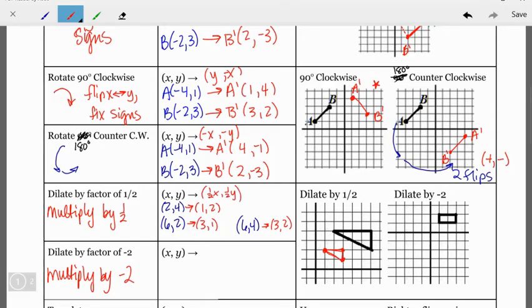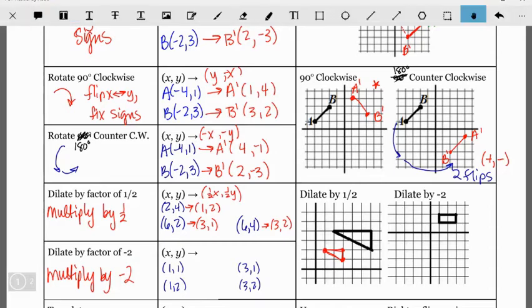So let's do the same thing with the square that we have. Let's write all the coordinates. Original was 1, 1 at the bottom left corner. Then we had 1, 2 at the corner right above. Then we have 3, 1 at the bottom right corner, and we have 3, 2 at the top right corner. So if our dilation factor is -2, we're going to multiply every coordinate by -2.